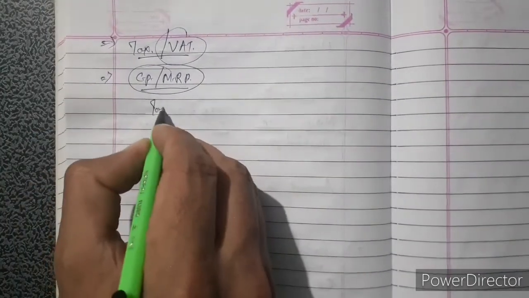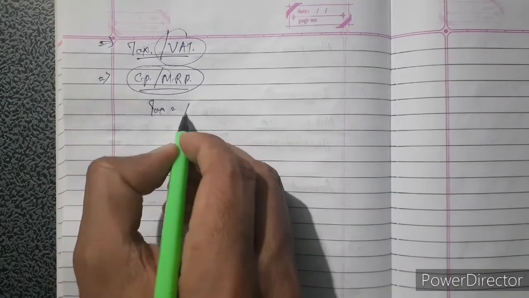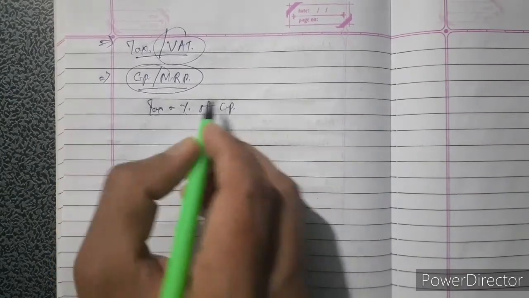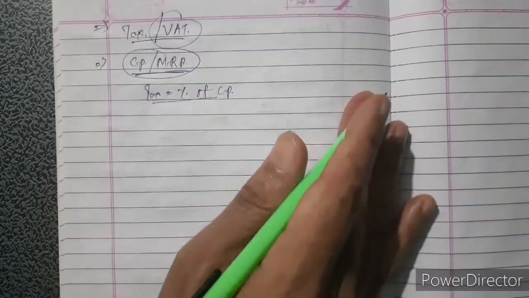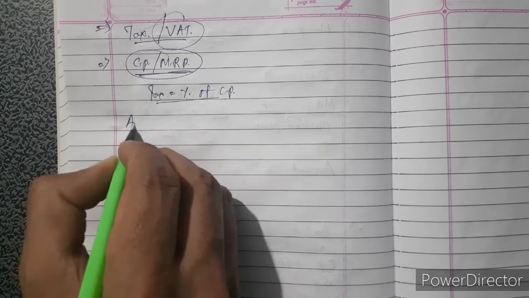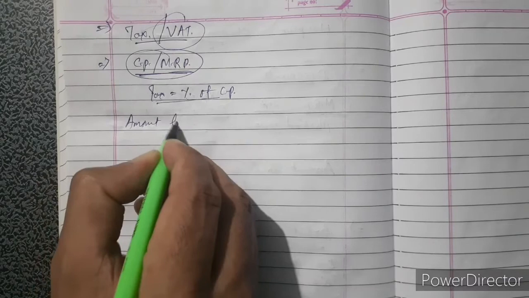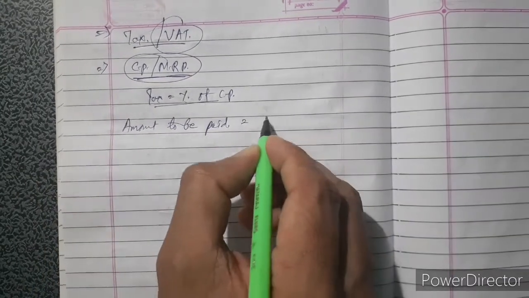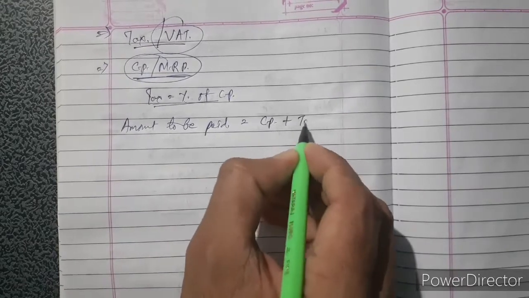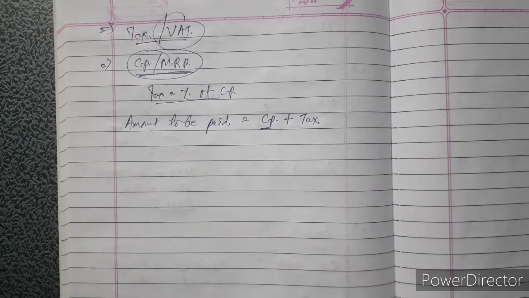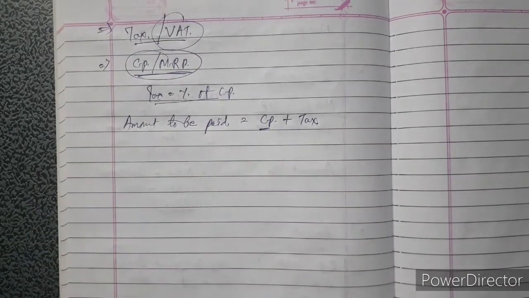Tax is given in percentage of CP, meaning on the basis of CP you calculate that one. And the amount to be paid equals CP plus tax, because tax should be added into cost price, otherwise MRP plus tax.